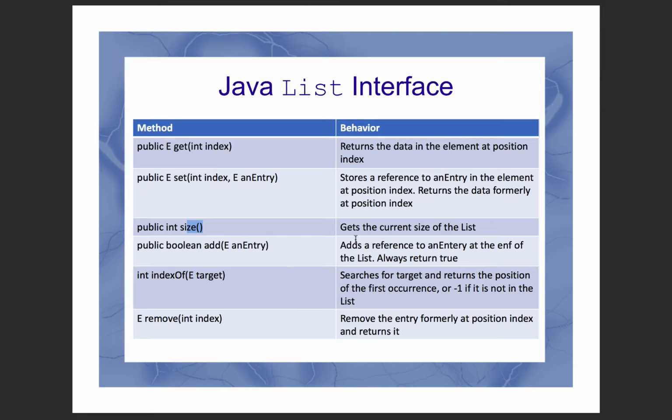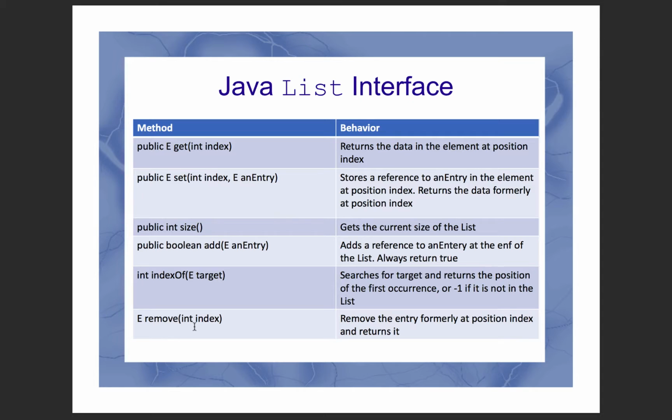The size method returns the current size of the list. With the add method, we give some data, and this data will be added at the end of the list. With indexOf, we give some data over here, and it returns the index of that data in the list.